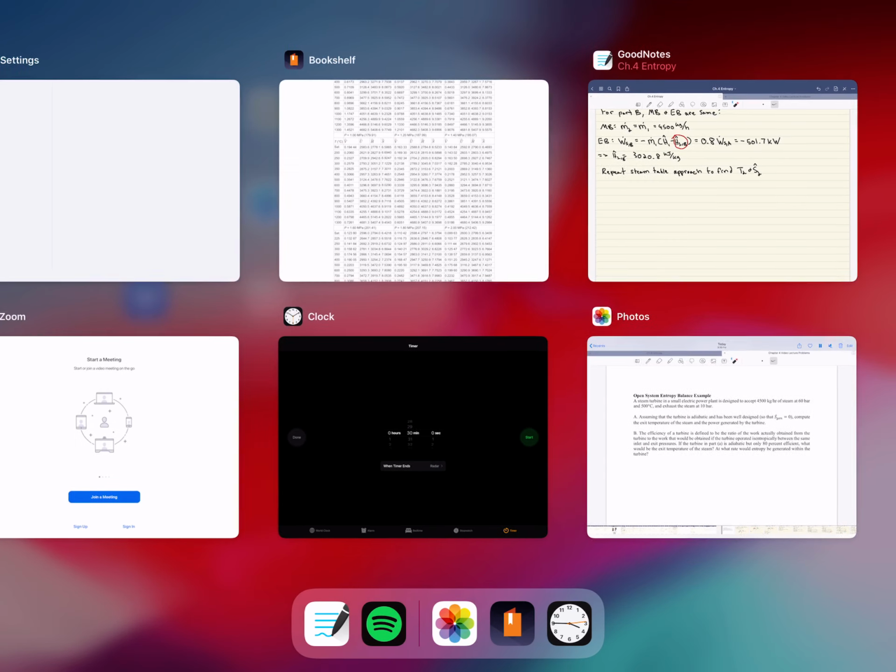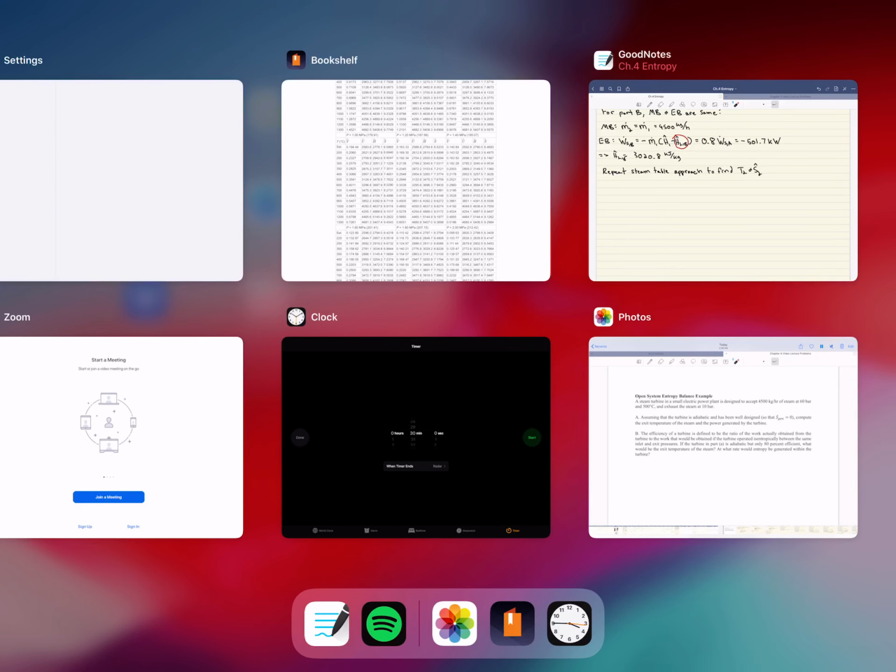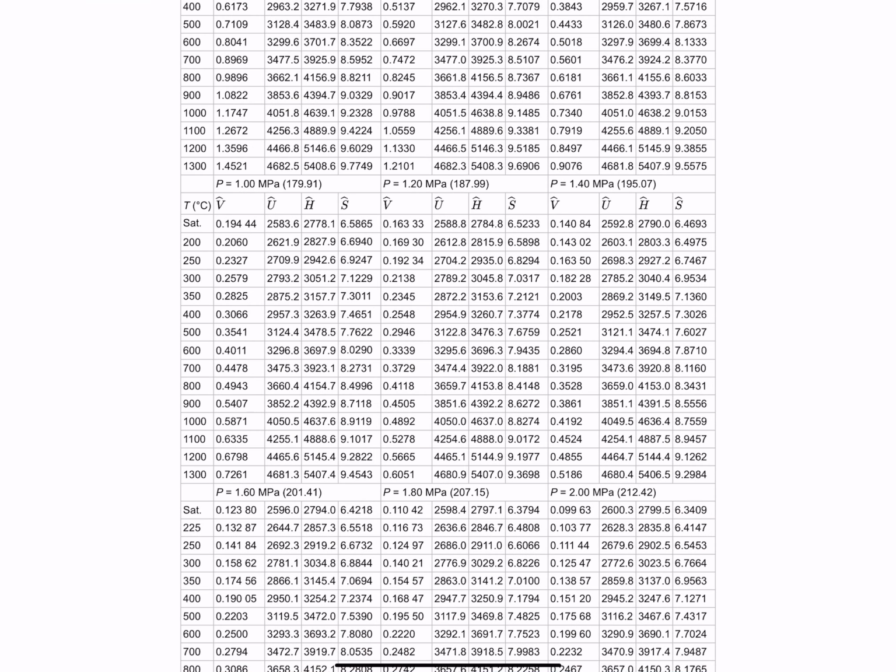Since the pressure is still the same, 1 megapascal, we're going to go to the P equals 1 megapascal superheated steam table values. We're going to look for enthalpy values slightly above and slightly below the 3020 value. We see at 250 we're at an enthalpy of 2942, and at 300 we're at an enthalpy of 3051.